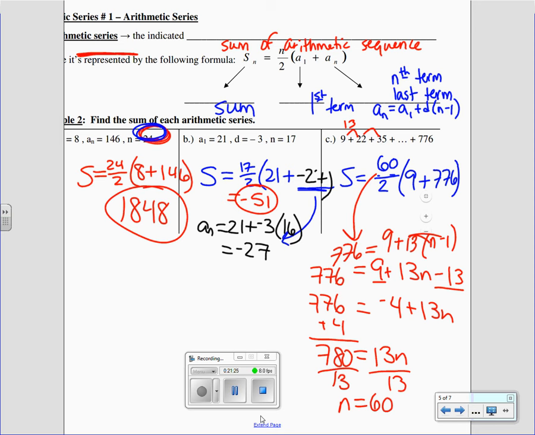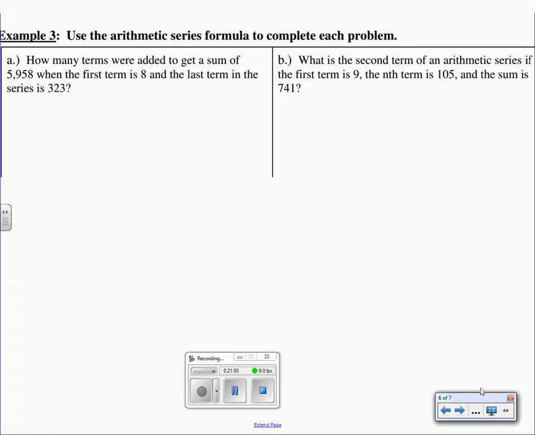And Trayvon, what do you have to do last? Good. What do you got? Anybody? 550? Questions? Okay, flip it over.